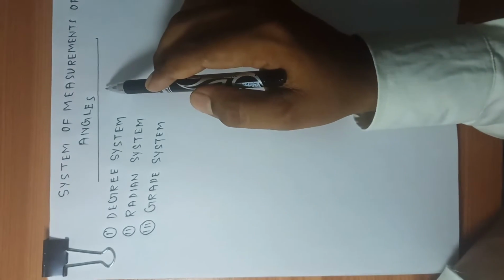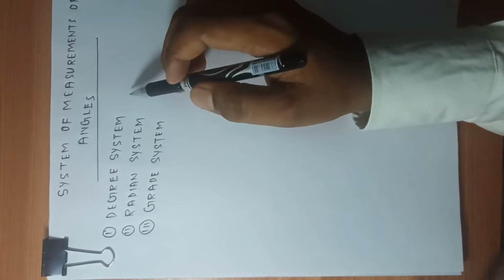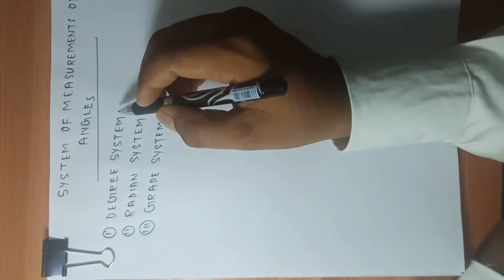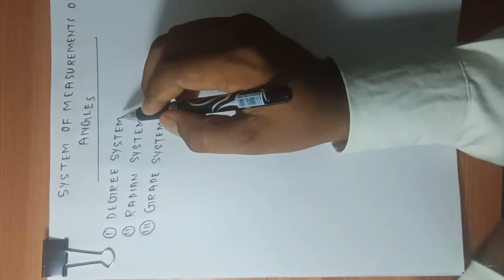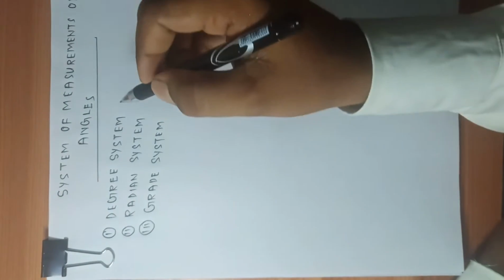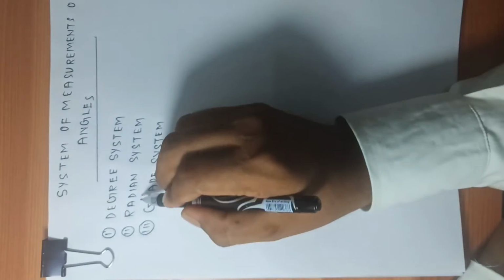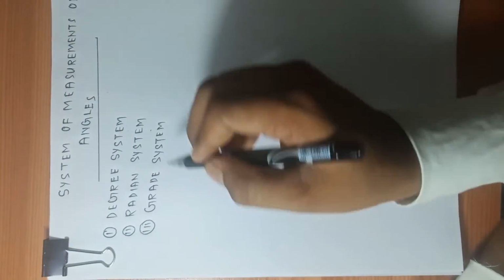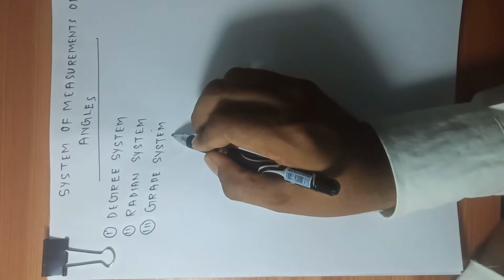Hello students, today we are going to discuss the system of measurement of angles. There are three systems of measurement of angles: first, the degree system; second, the radian system; and third, the grid system.